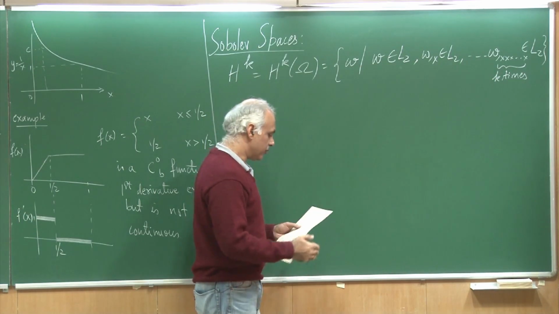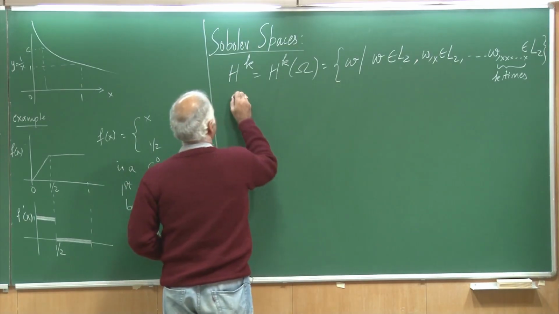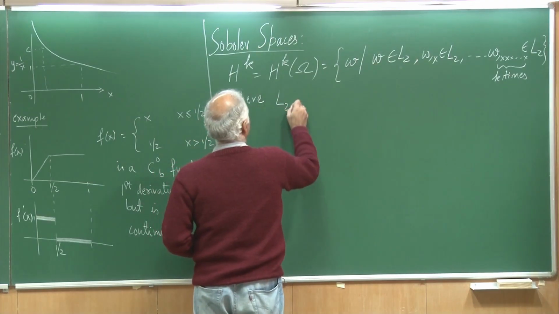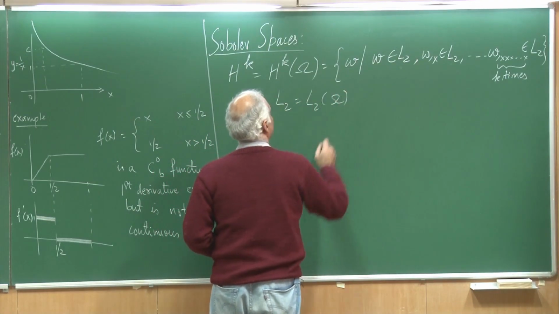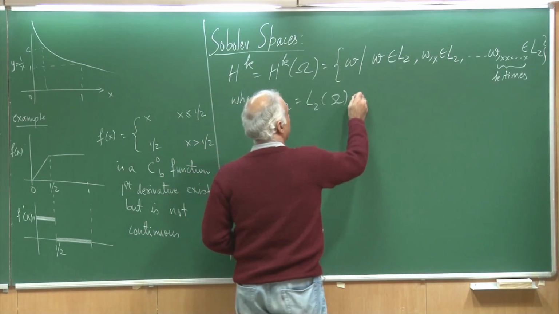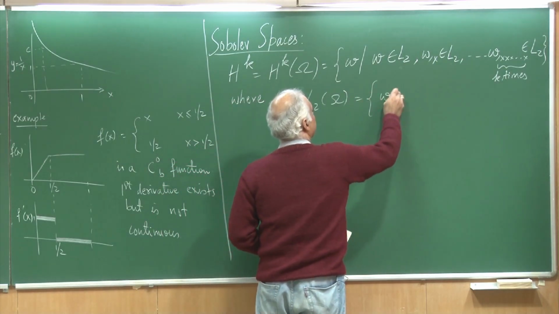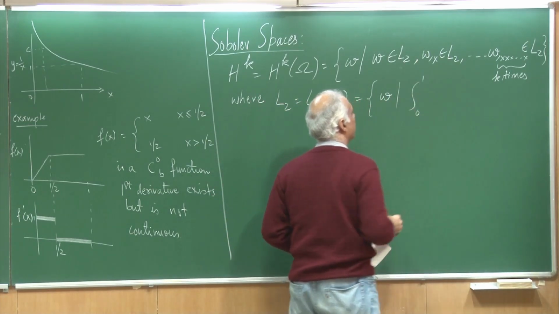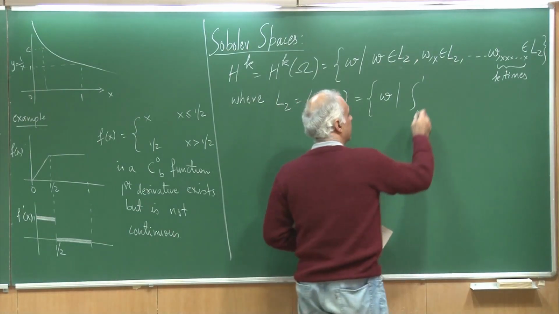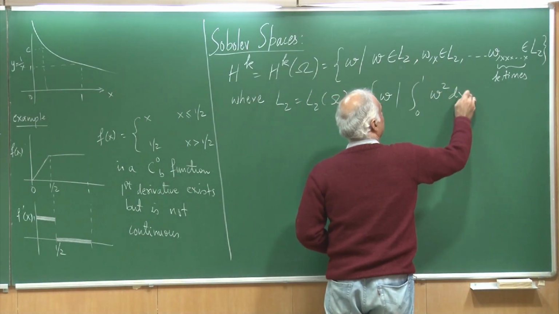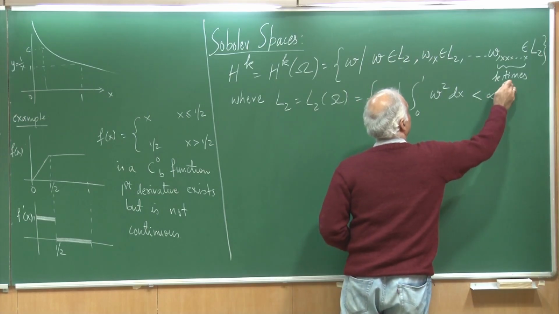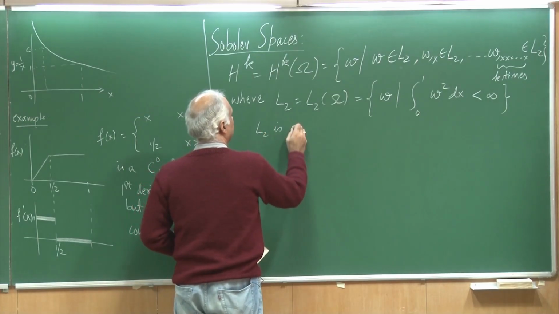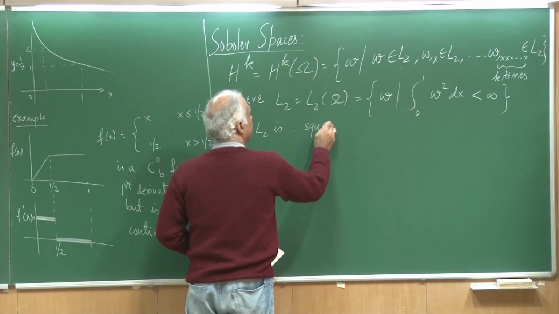We had talked about an L2 function in the last class, but let me repeat this for you, where L2 defined over a domain omega implies that it is a function W such that if I carry out the integral over the domain 0 to 1, then the square is bounded. So L2 is essentially square integrable.